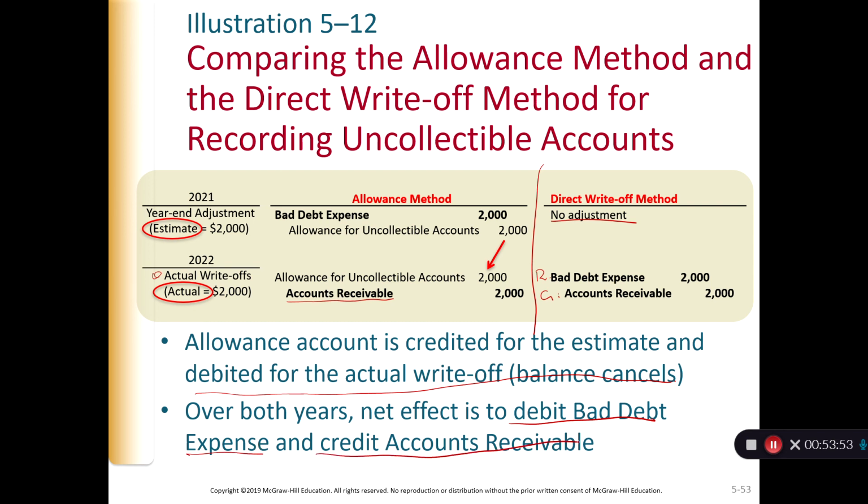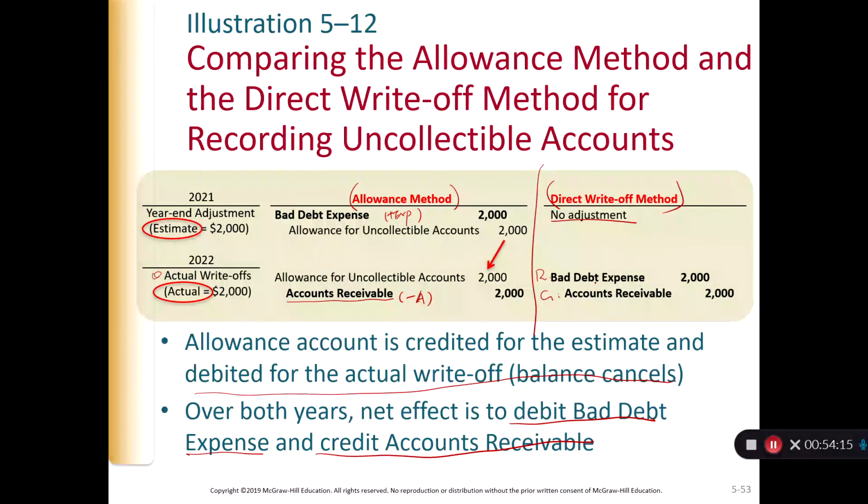Over both years, the net effect is a debit to bad debt expense and a credit to accounts receivable. No matter whether you use the allowance method or the direct write-off method, the real effect is to record an expense: expense increases and assets decrease.